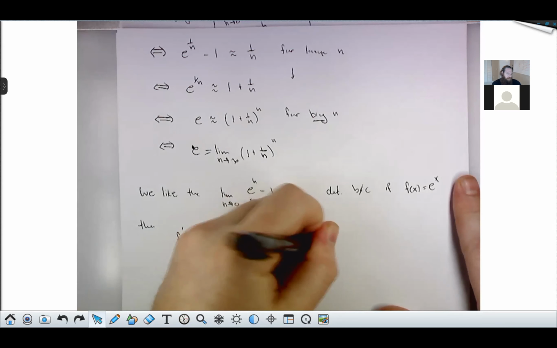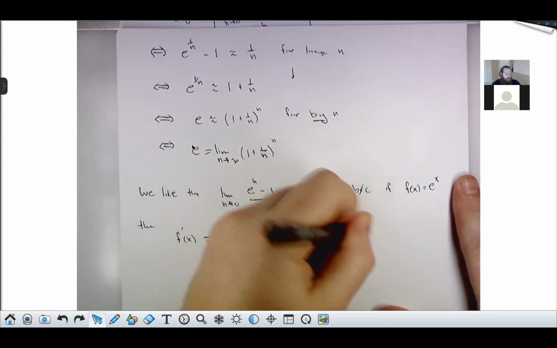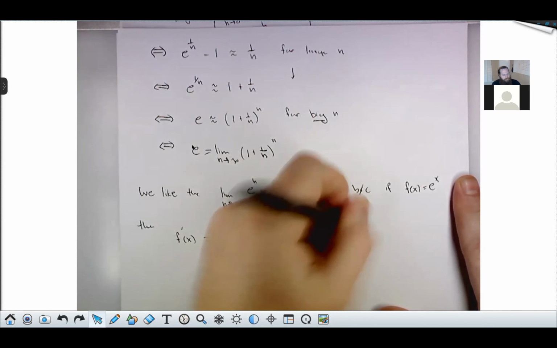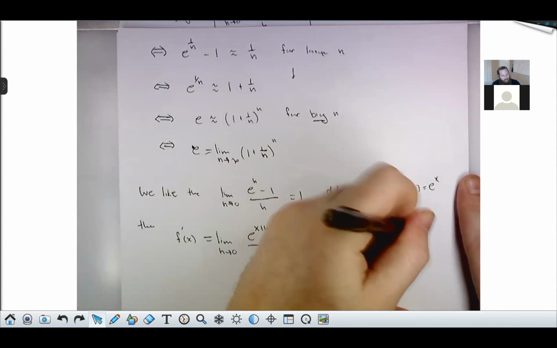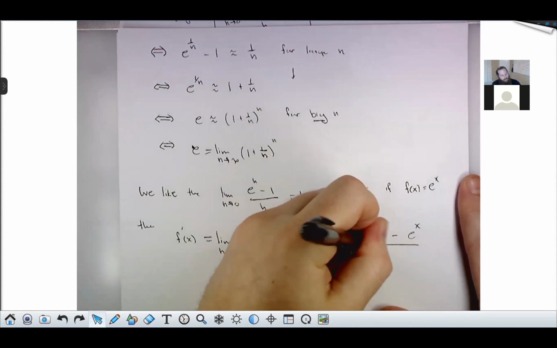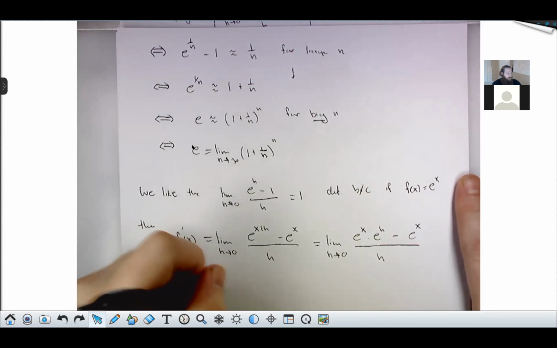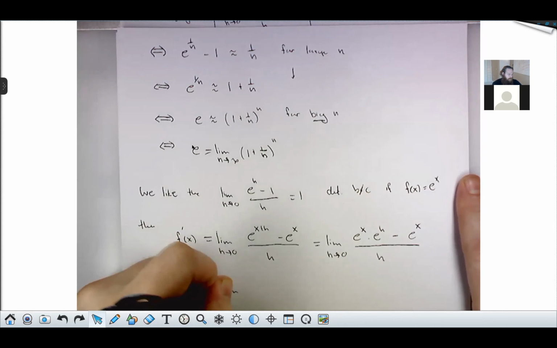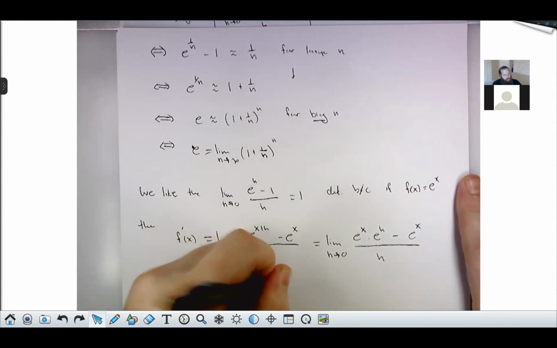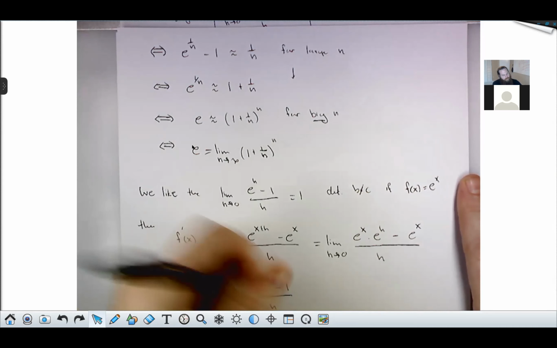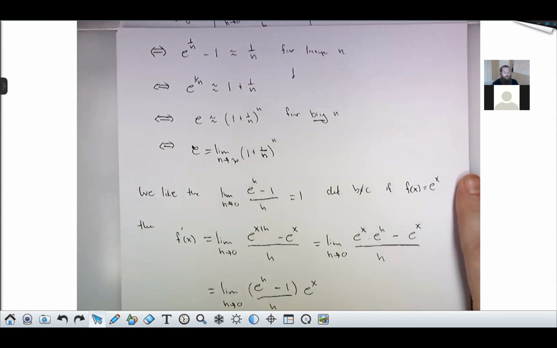And then I can use some algebra here to rewrite this as the limit as h goes to 0 of (e^x times e^h minus e^x) all over h. And then a little more algebra, I factor out an e^x, and you get (e^h minus 1) over h times e^x, like this.